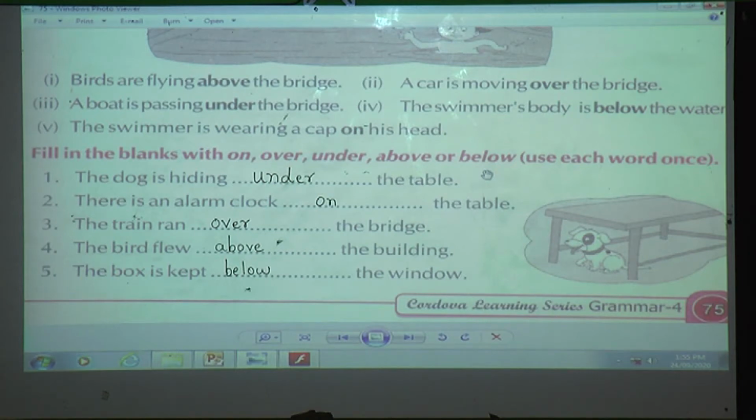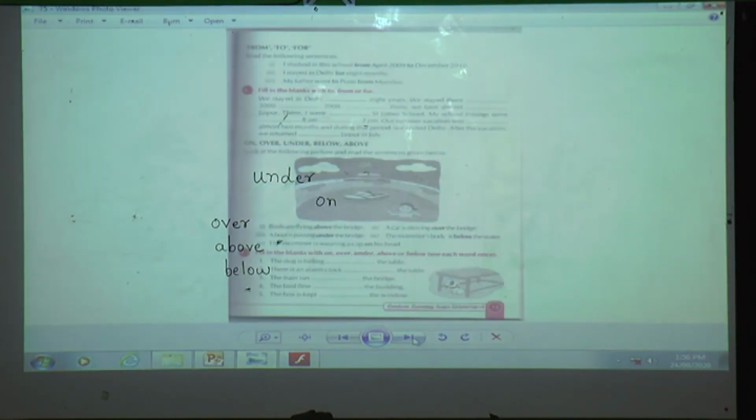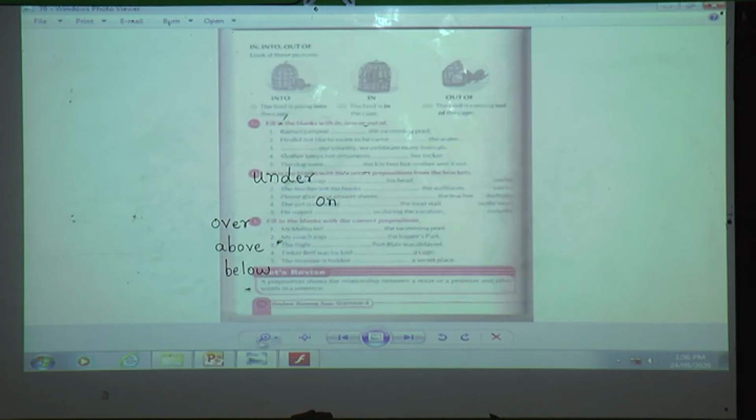Done? Shall we move on to the next page, students? Okay, we will move on to the next page, that is page number 76, and we'll see more prepositions.